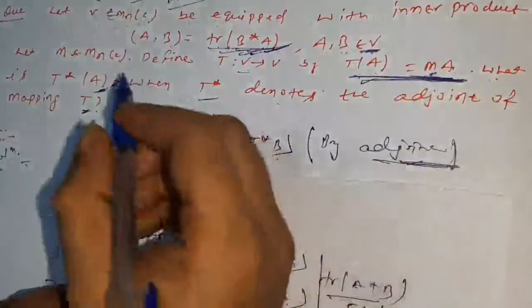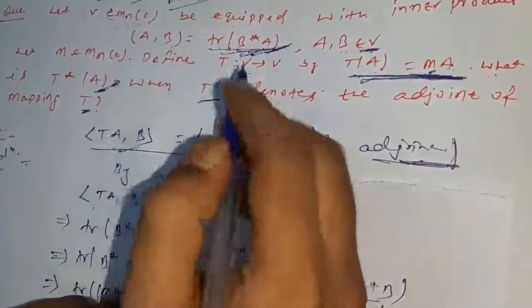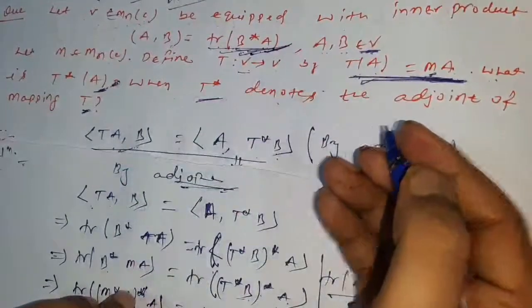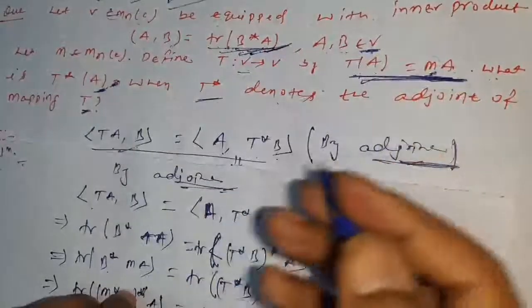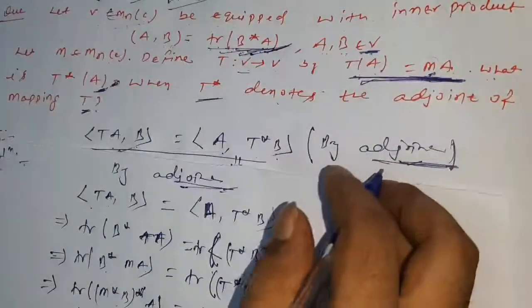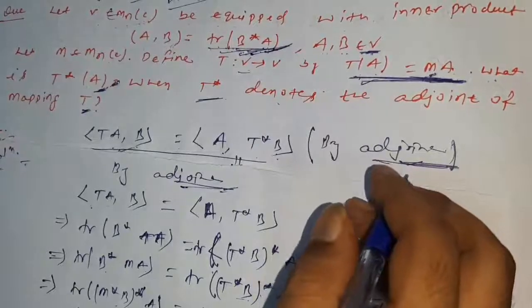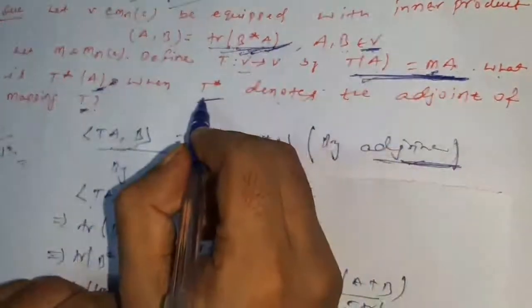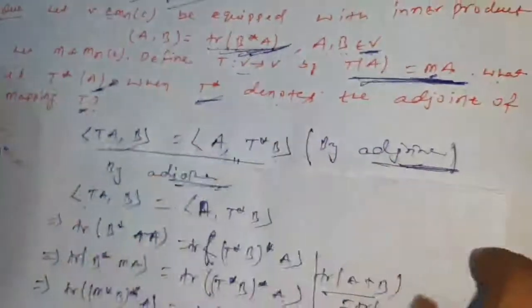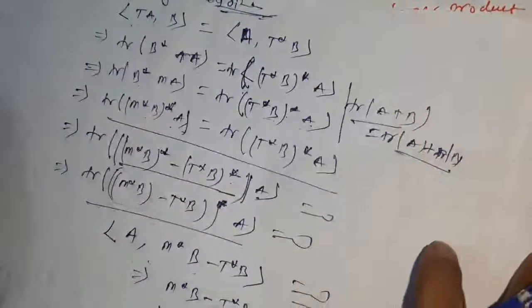So if you have to find the value of T star, you can directly find the value of M star, meaning the conjugate transpose, the adjoint of M. So you can get the answer for T star. So this is the way. I hope you understand this question.